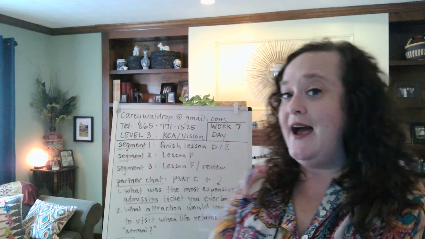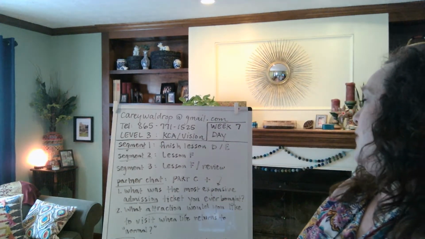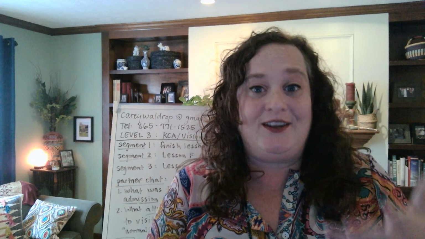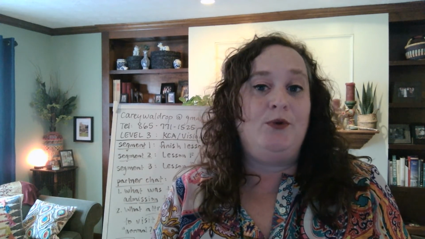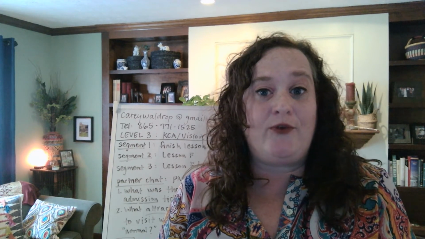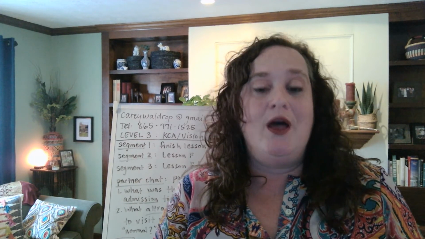So after that, segment 2, we will focus on lesson F and finishing unit 10. Now, at the end of unit 10, you will notice that there is a review section. So for segment 3 today, we will focus on some review for units 9 and 10.